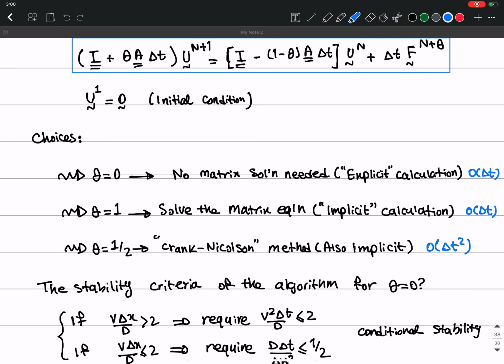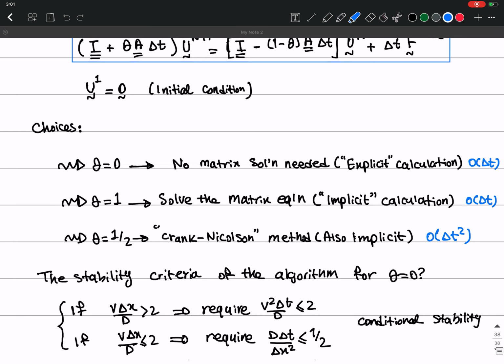So if v delta x over D is greater than or equal to 2, then the delta t that you choose should be smaller than or equal to 2 times D over v squared. If you choose a small enough delta t, your solution is going to converge. Otherwise, your solutions are going to blow up.